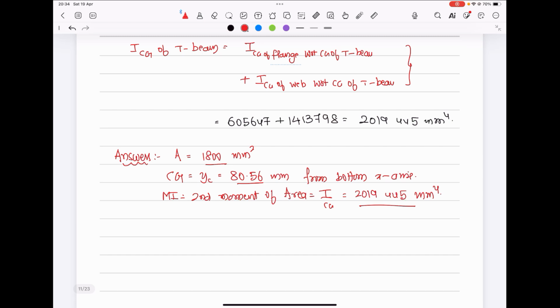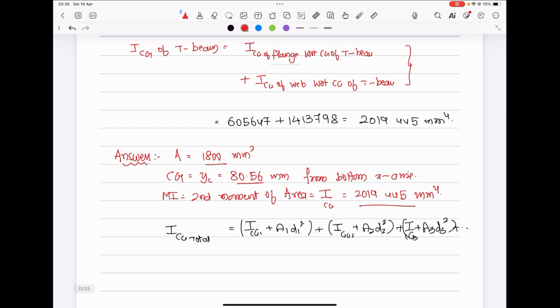That means ultimately, please make a note of it, ICG total is equal to ICG1 plus A1 D1 square plus ICG2 plus A2 D2 square plus ICG3 plus A3 D3 square plus so on.